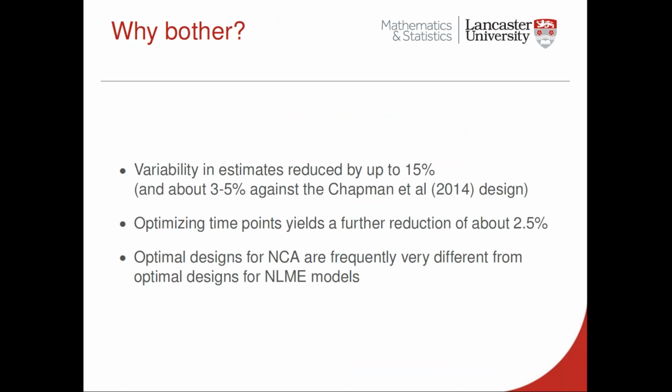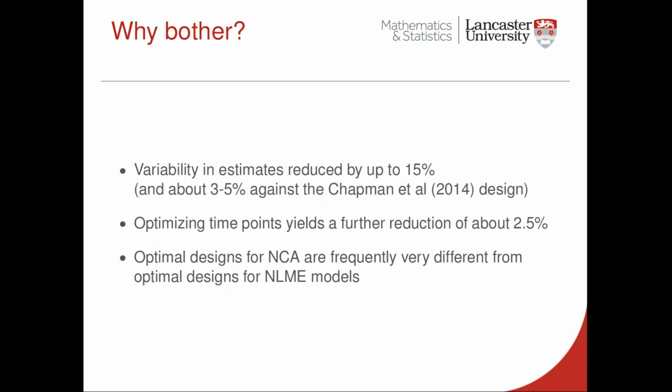Okay, so at this point, you might ask yourself, so why bother? It seems like there's a lot of work going in to find what the optimal sampling scheme is, when I could just have used the proposal by Chapman, which, as I said in the beginning, is looking perfectly reasonable. The point is that the variability in the estimates can be reduced by up to 15%.